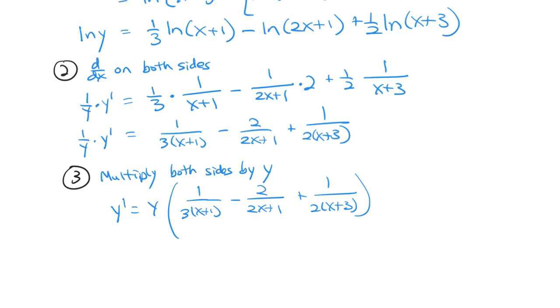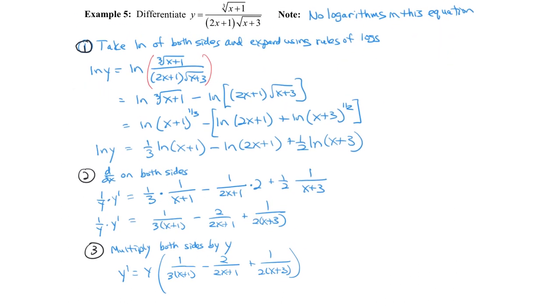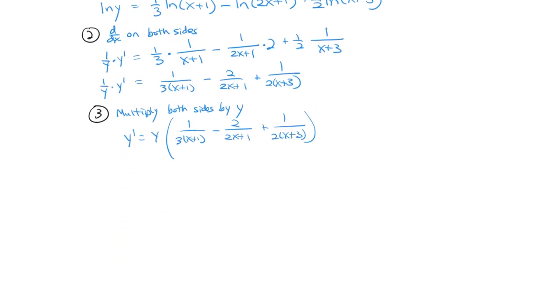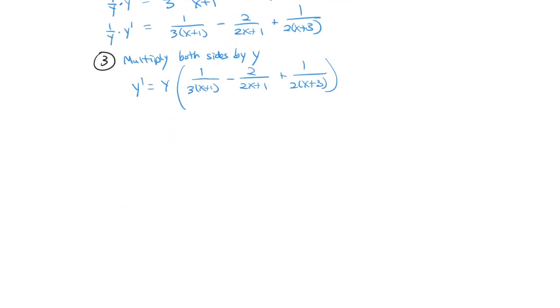Well, if you look back to the original expression here, y is equal to this. So we have to put this back into our answer. So y prime equals y times all of this, and here is y. So finally, what we want to do is take care of that y.